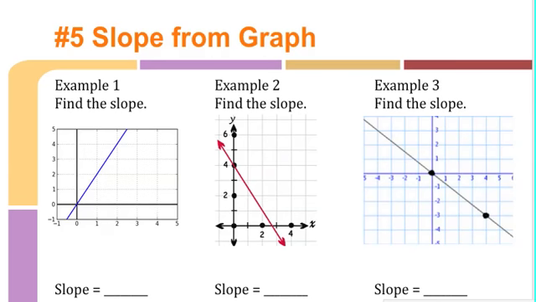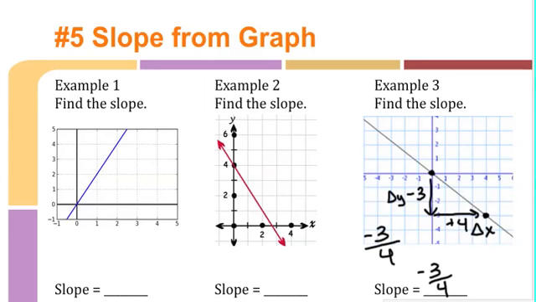So, I'm going to start off with the other strategy first. I'm going down 3 from this point, and then I'm going to the right 4 spaces. So, I'm going to go my change in y over change in x, my rise over run, so negative 3 divided by 4. Again, I'm just left with this fraction. Now if I want to use the other strategy, I can use these points again.